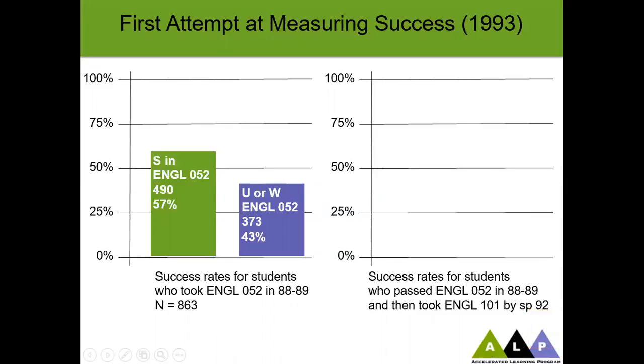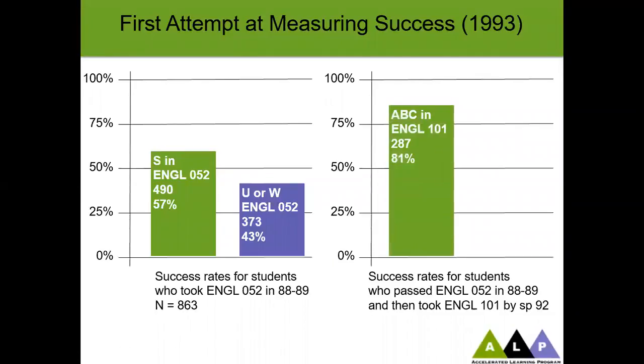And here's what we discovered. 81%, a whopping 81% of the students who passed the developmental course and took English 101 passed it, which means only 19% didn't pass it.